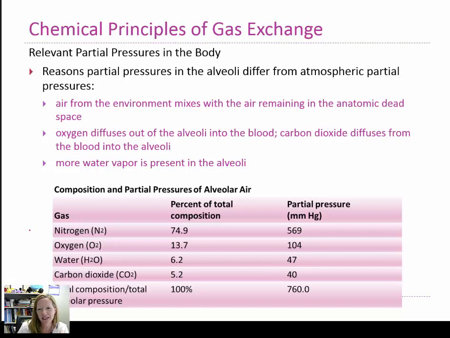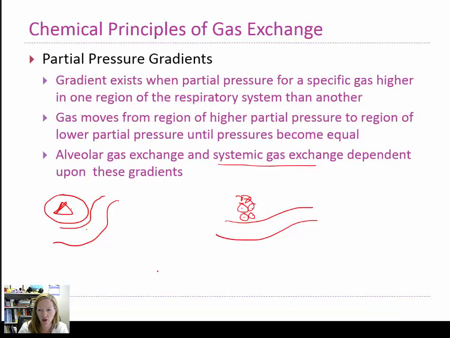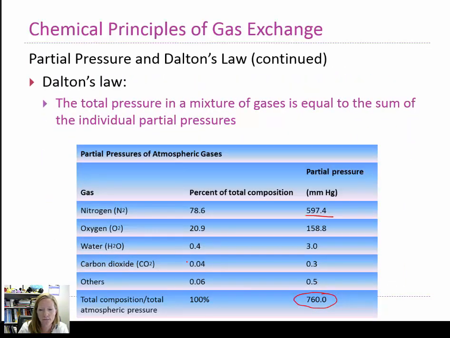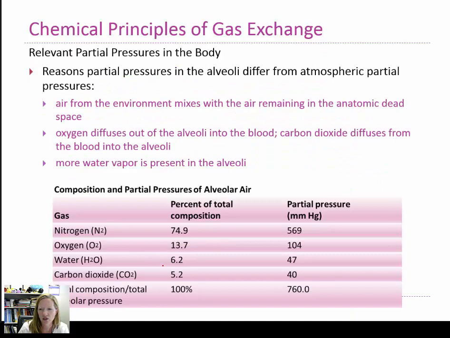The air from the environment goes in and mixes with the remaining air in the anatomic dead space, and that's going to change up these numbers. Oxygen is going to diffuse out of the alveoli into the blood, and carbon dioxide does the opposite, so that's going to change it here. And also the fact that there's more water vapor present in the alveoli is going to change it. If you take a look at water, you can see how much it changed.